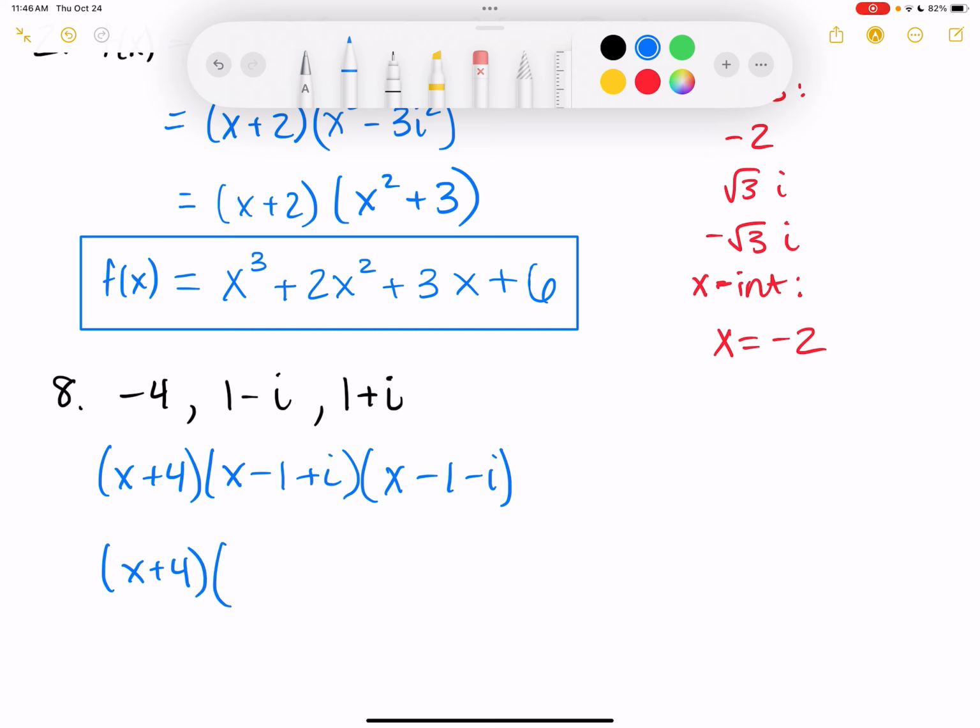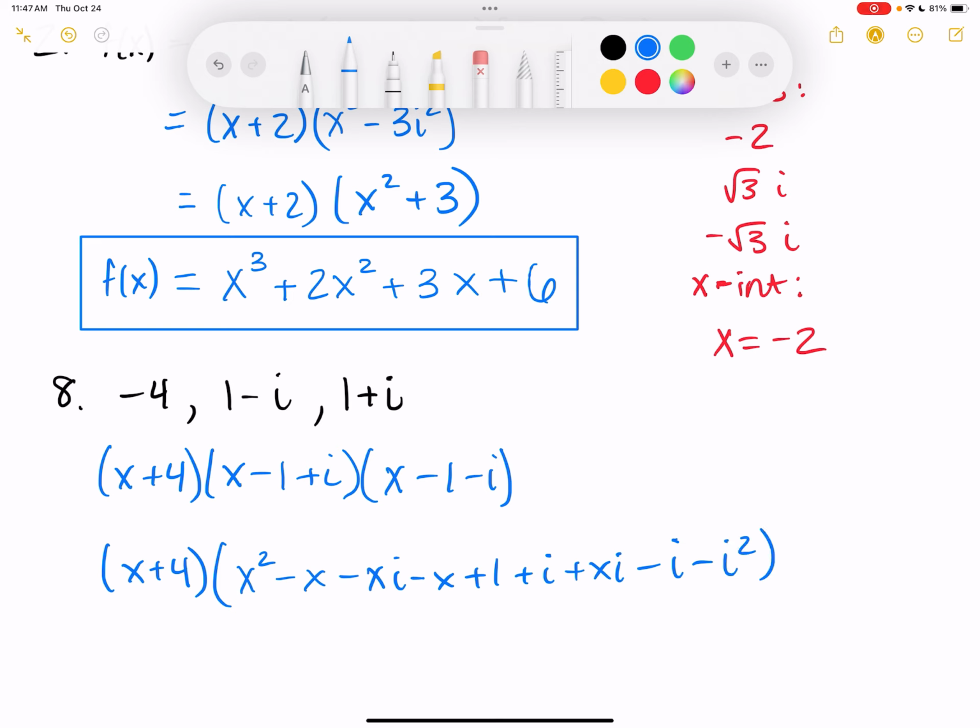So multiply here, I would get x squared minus x minus xi, minus x plus 1 plus i, plus xi, minus i squared.